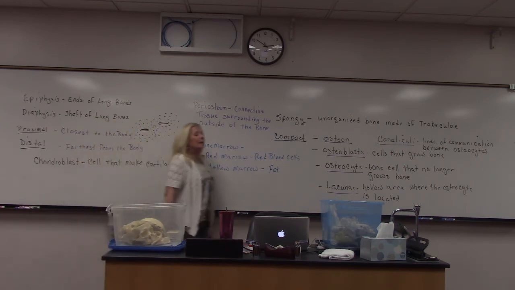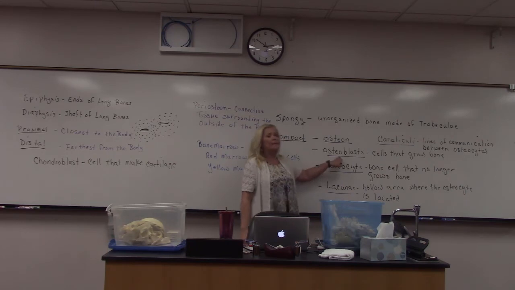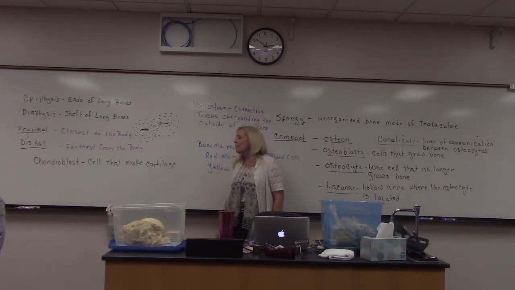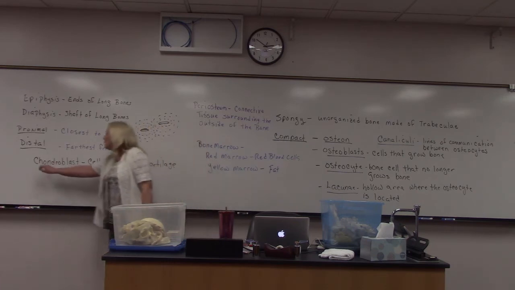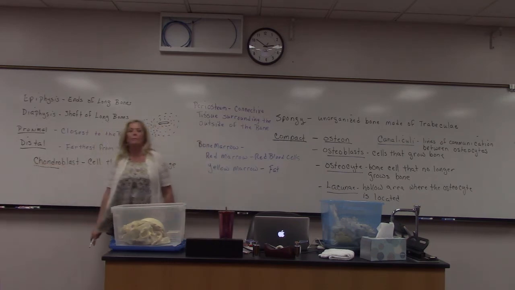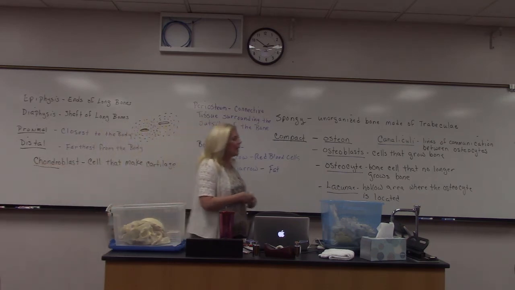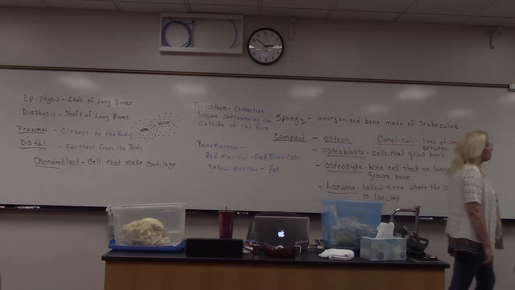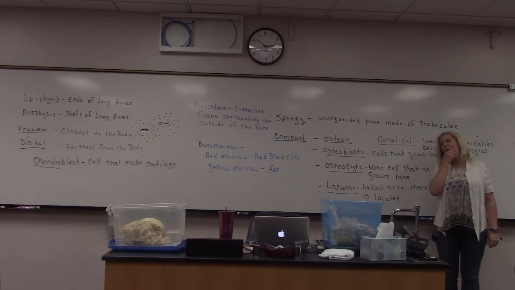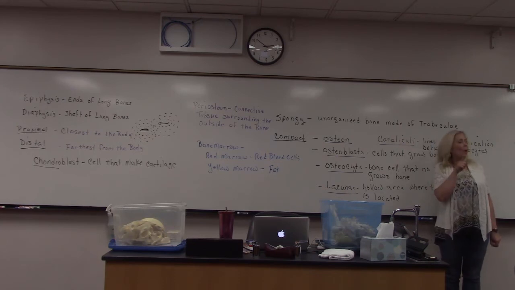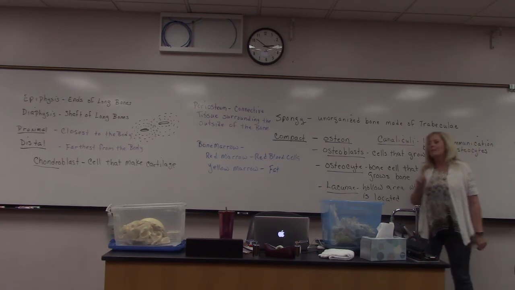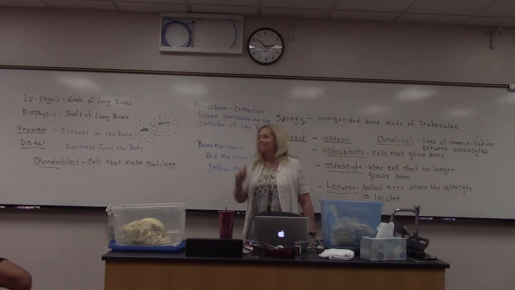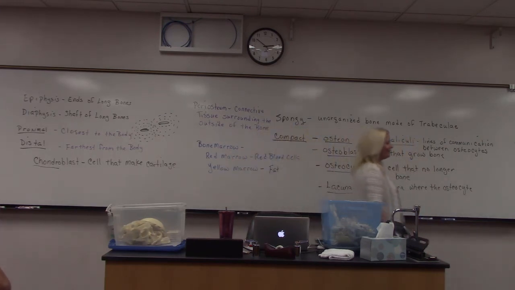If it has to do with bone, we use osteo. If it has to do with cartilage, we use chondro. So this is a cell that helps to grow cartilage. This is a chondroblast. Now once the cartilage is fully grown, we change the name of that cell. Can you guess what the name would be? Chondrocyte. Very good.